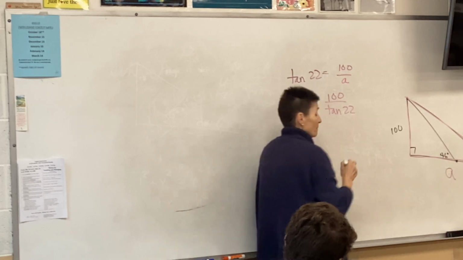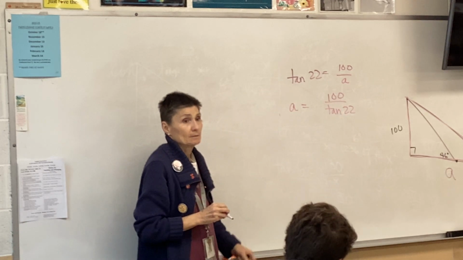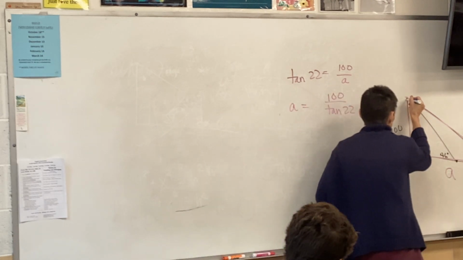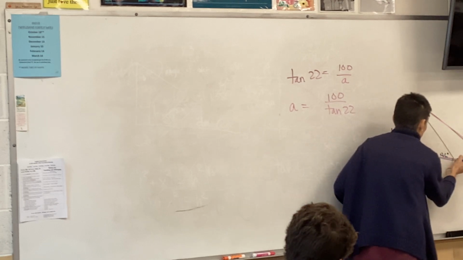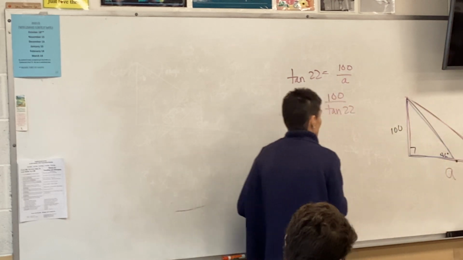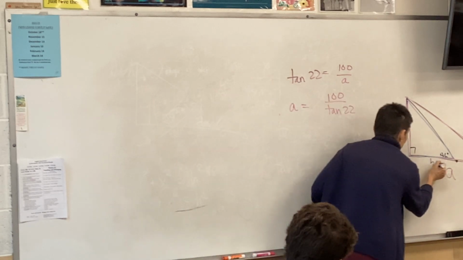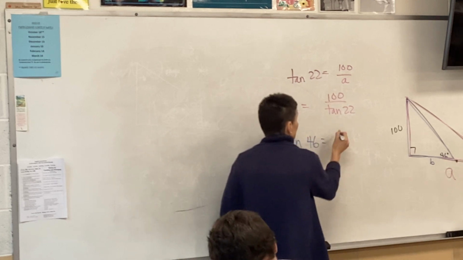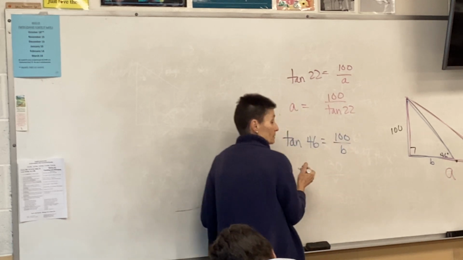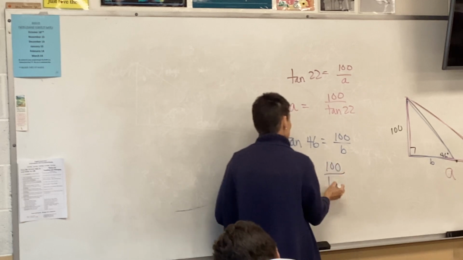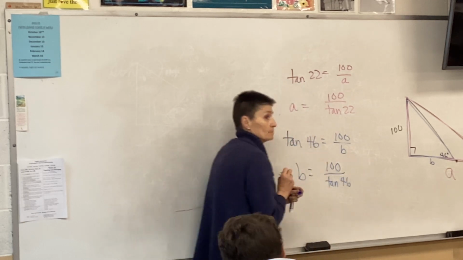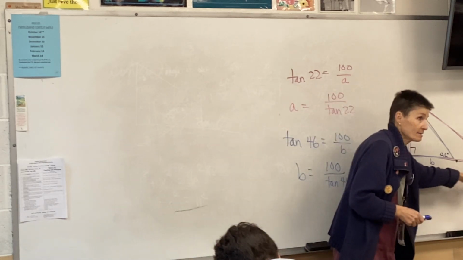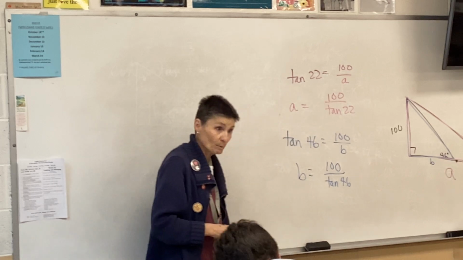I'll type that in a minute, but is that okay with everybody? All right. Then he said, do the blue triangle. I'll call this B. So tan 46 equals 100 over B. So B equals 100 over tan 46. And then to get my answer, which is X, I'll just take pink minus blue.